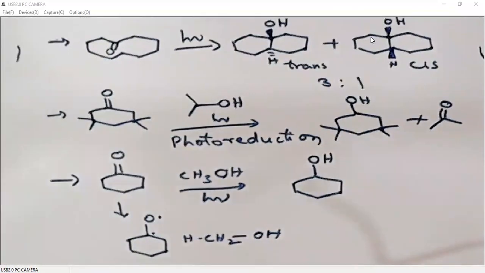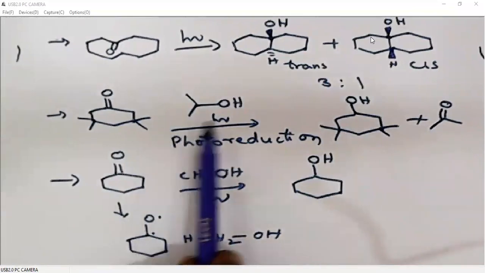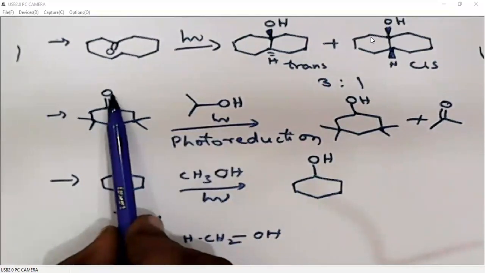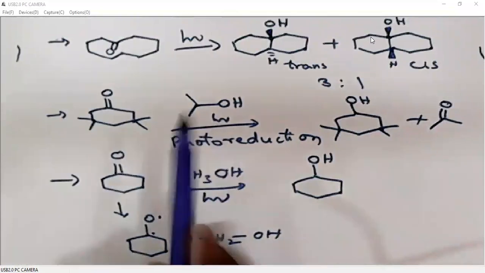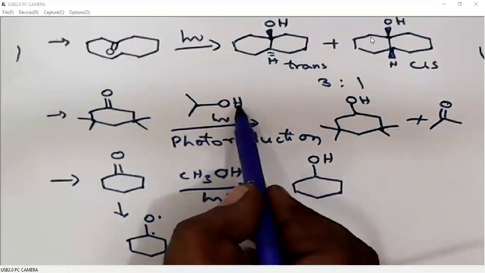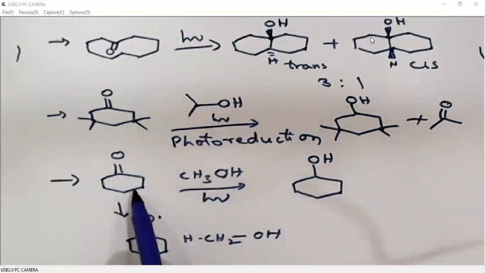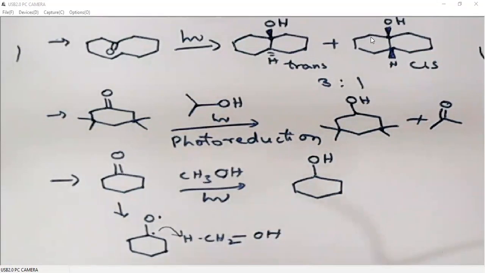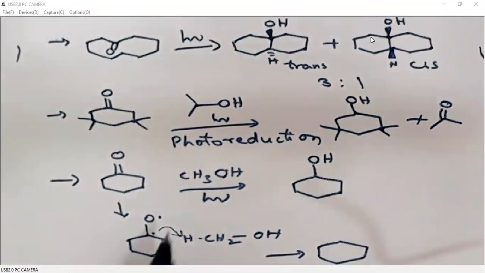In the previous example, I told you that this oxygen radical, which is generated under photochemical conditions, will pick up the hydrogen radical. Whereas in this example, this will pick up the radical from carbon. Now it generates oxygen.